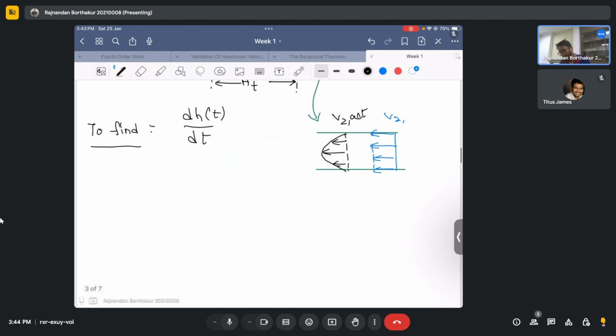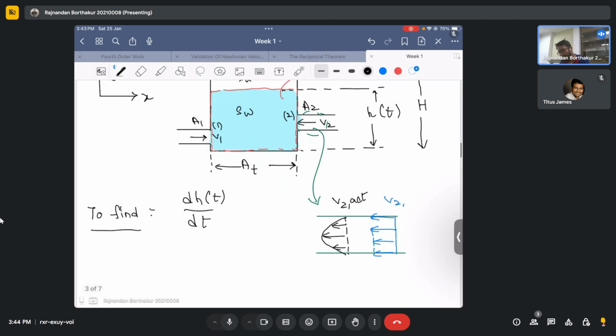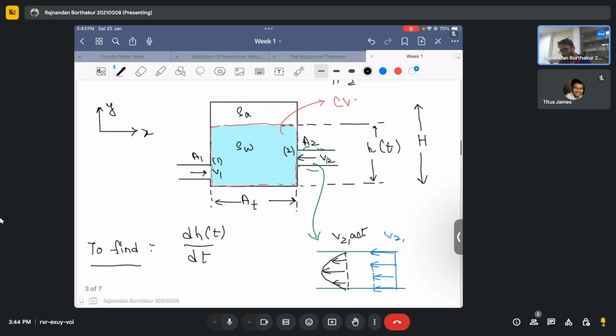Now can you tell me, for calculating this dH/dt, what conservation should we look for? RTT is basically a conservation of things. We will see, once we write the RTT, what conservation we are essentially doing. But can you suggest what should be conserved here in order to come up with a solution for this dH/dt?